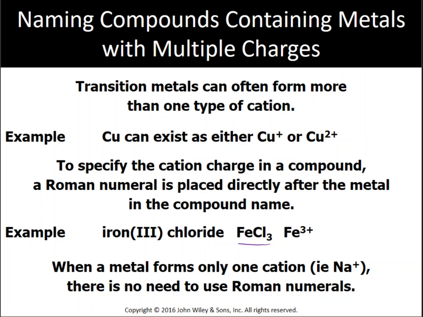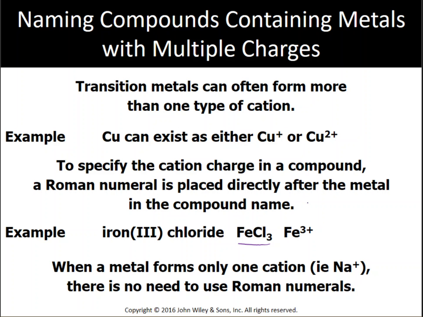Now, since iron is a transition metal, we know that the charge of the transition metal is important. So to name this compound, we need to know what the charge of iron is. Now, how would I know what the charge of iron is? By looking at the formula, we don't know the charge of iron. But you know what the charge of chloride is.